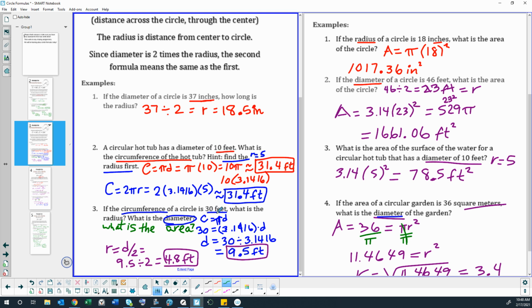That would mean that we take the circumference, we divide by pi to get the diameter, we divide the diameter by 2 to get the radius, and then we use the radius in our area formula, so 3.14 times 4.8 twice.